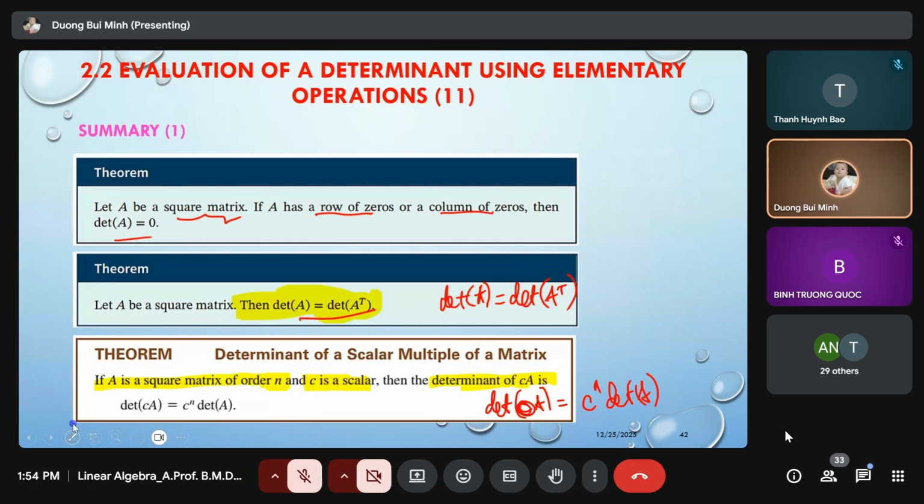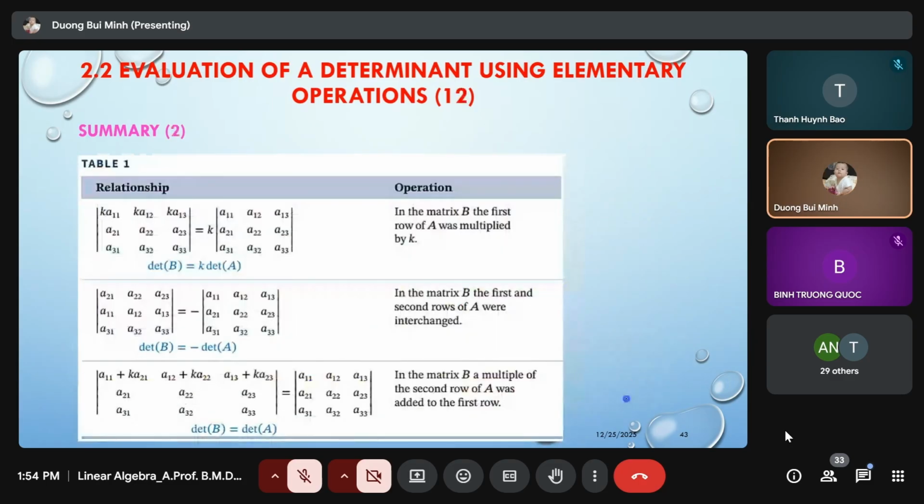A has n rows and n columns, and C is the common factor of all rows, so we have C times C, and so on, n times. That means C to the power of n times the determinant of A.